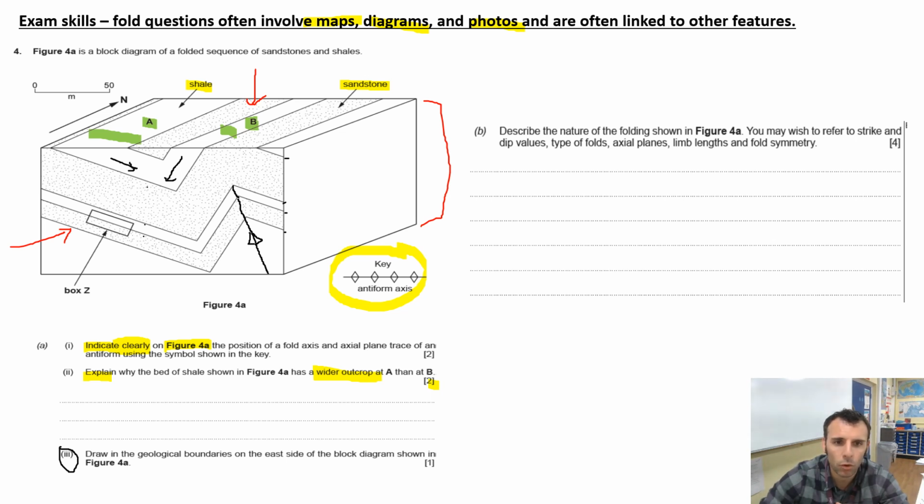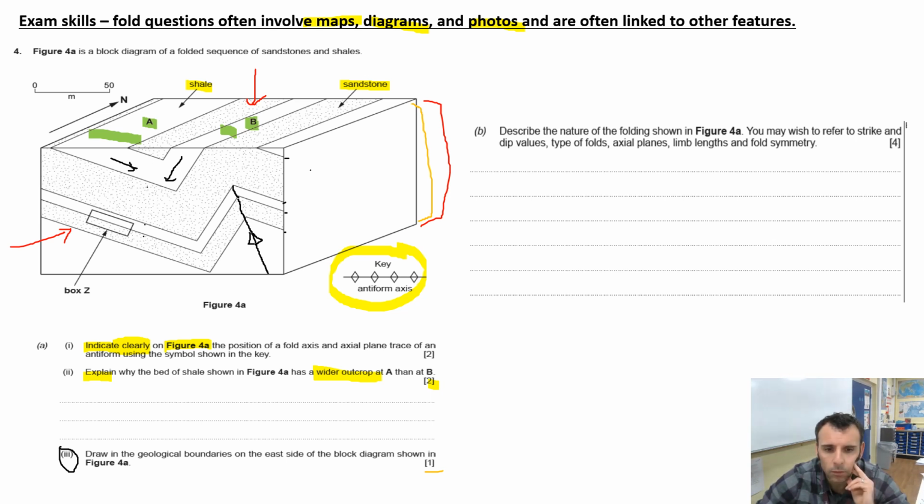So when we draw them on the new section over here, somewhere in this zone, those also need to remain parallel. So we need to draw those on, and it's only worth a mark. It's actually quite straightforward, but have a go at it, and you'll see the mark scheme on the next slide anyway.